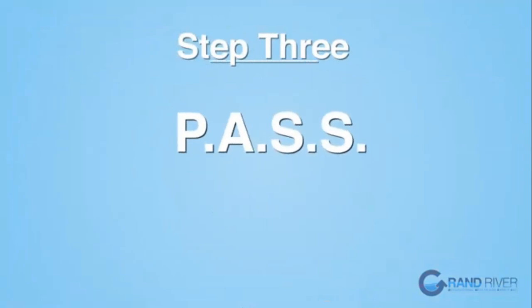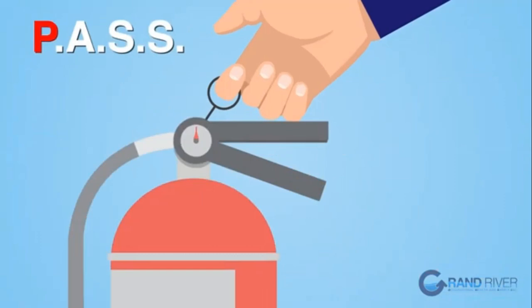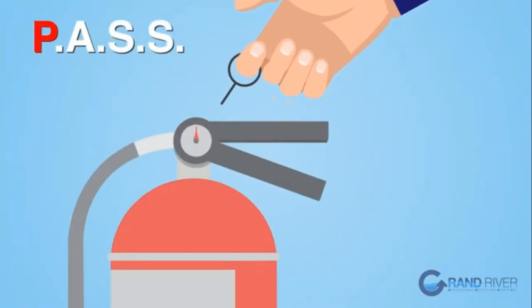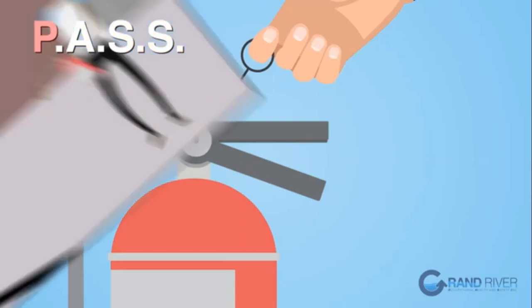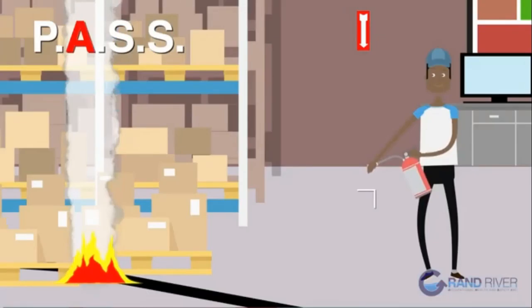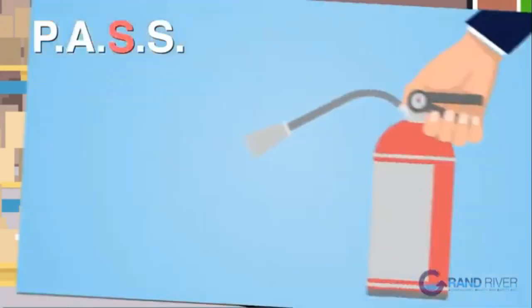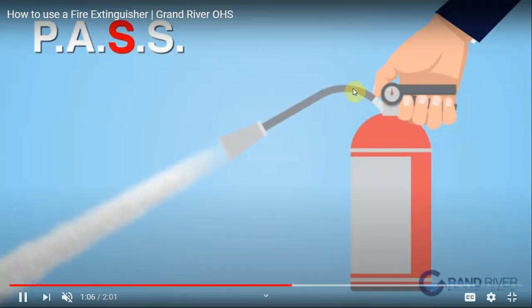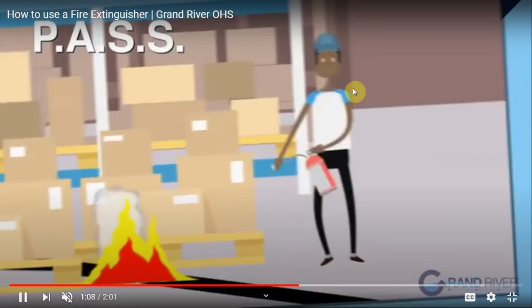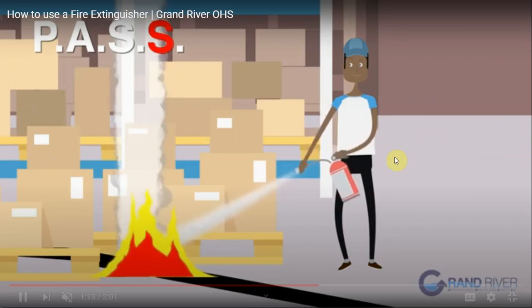These steps: first of all you will pull the pin, you can see over there, on the fire extinguisher, and the second phase that I told you is A, and the third one is S. Remember the 3, that is S, the PASS.